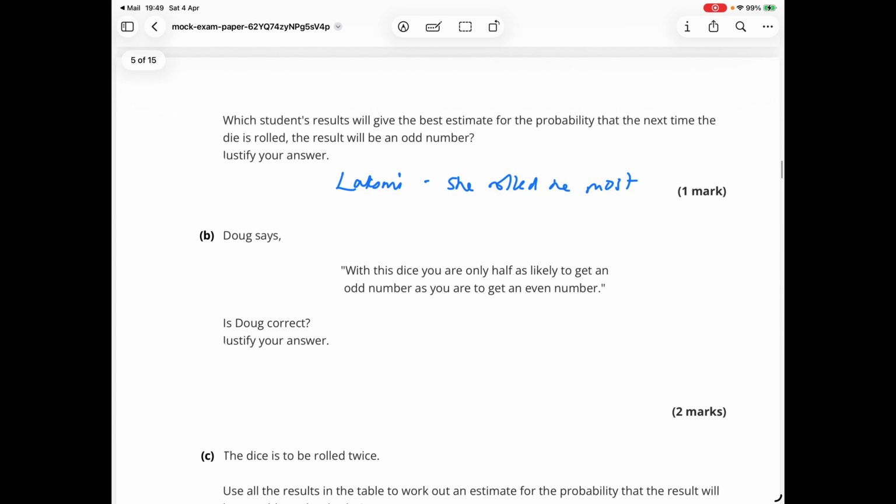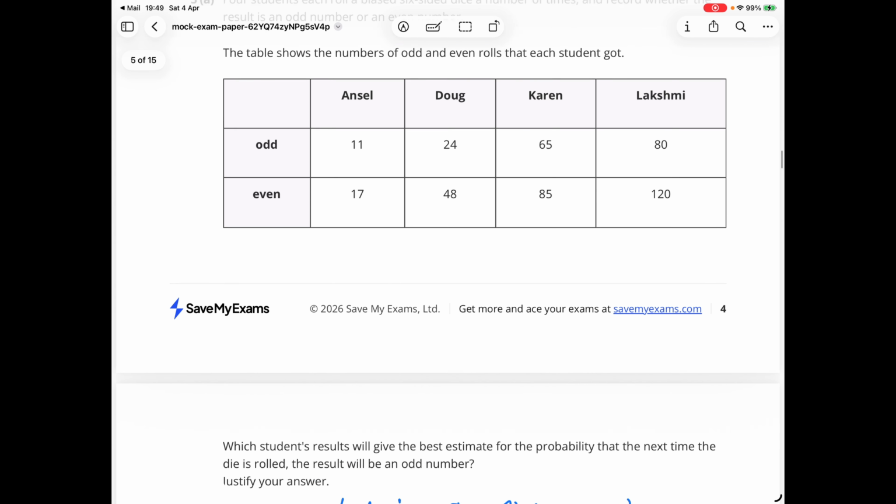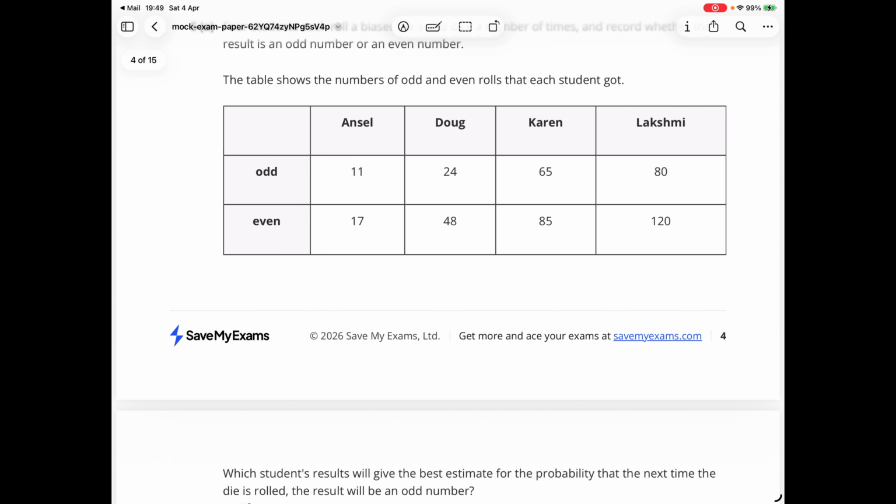Doug says, with this dice, you are only half as likely to get an odd number as you are to get an even number. Is Doug correct? Again, we're justifying. So if we add up all of the even numbers, we get 270.